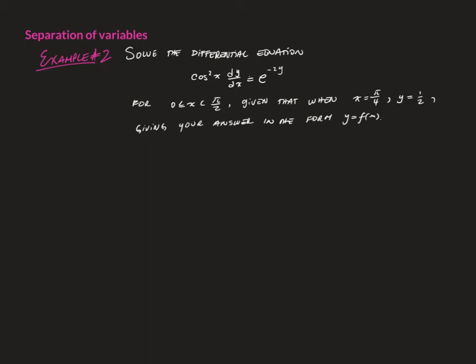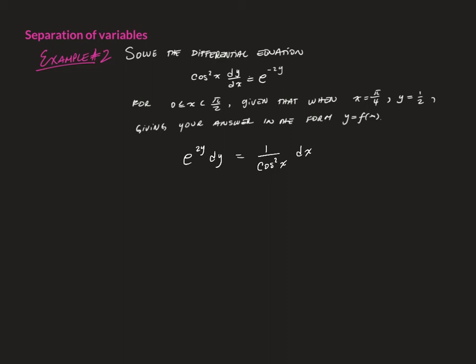So in this case, I'm just going to move these two items to the right hand side at once and then bring this expression, e to the power of minus 2y, to the left hand side also. So this would be e to the power of 2y dy equals 1 over cosine squared of x times dx. So that my variables are now separated.